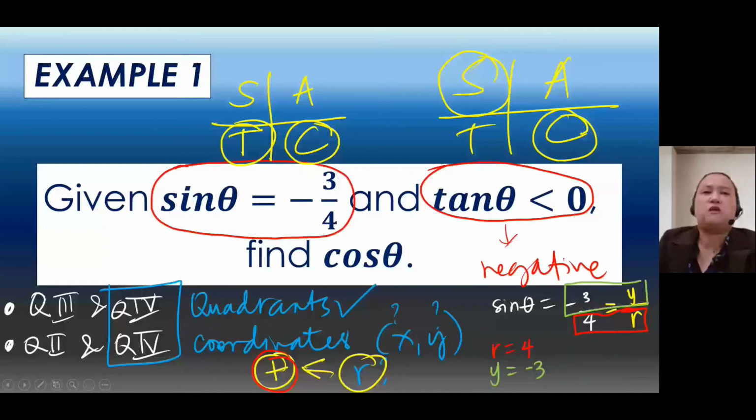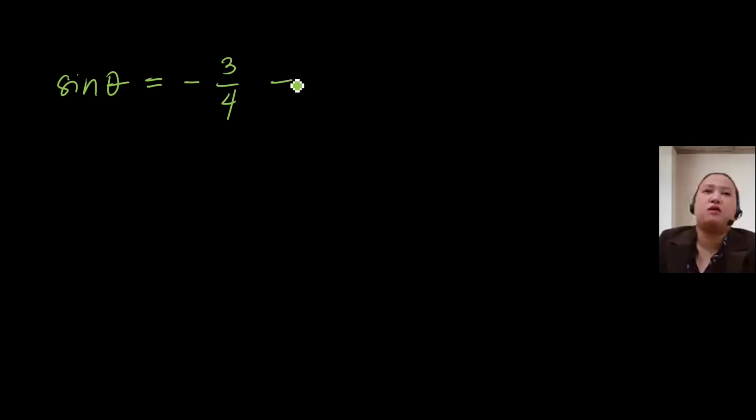What do we need in this problem? We need the cosine of theta. I'll switch to the black screen. Again, sine theta is equal to negative 3 over 4, and sine theta is equal to y over r.